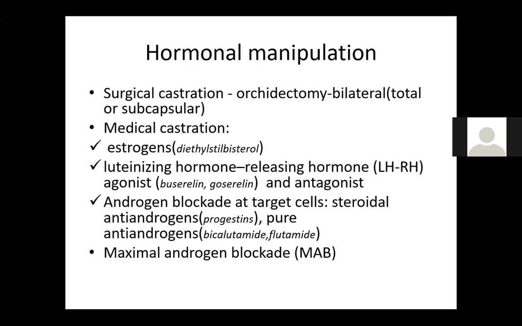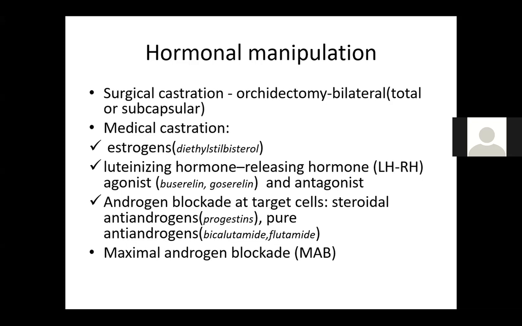Now, the maximal androgen blockade, or what we call total androgen deprivation therapy. I want you to listen carefully so that you understand this part, because it's very important. Now, if someone has prostate cancer and you do surgical castration, you have removed the patient's testicles.